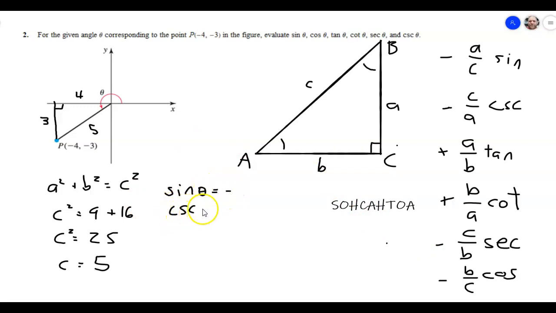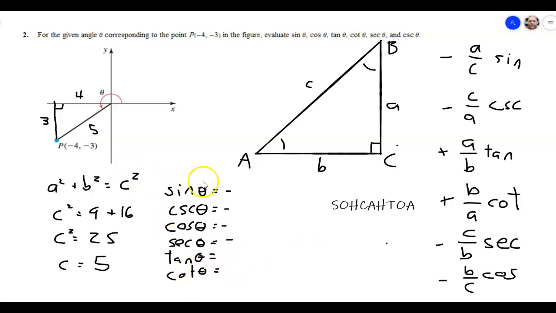The cosecant of theta is also negative something. The cosine of theta will also be negative something. The secant of theta will be negative something, and then the tangent of theta will end up being positive, and the cotangent of theta is also positive.